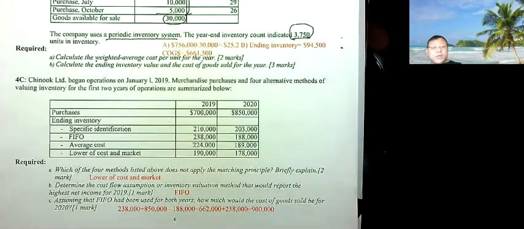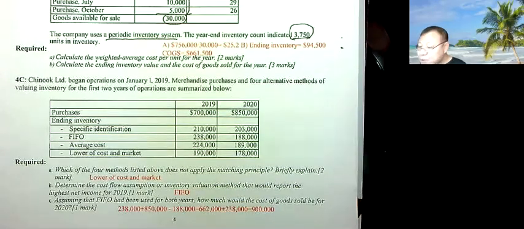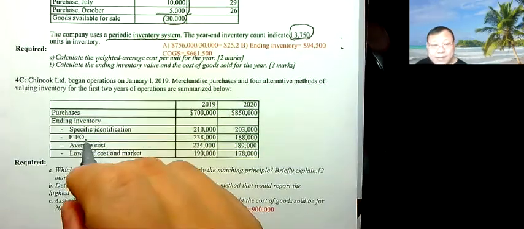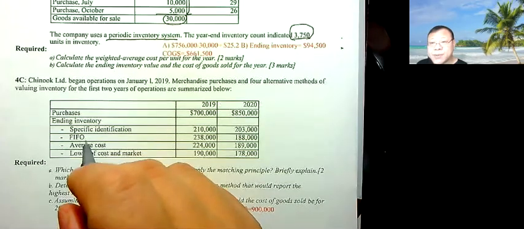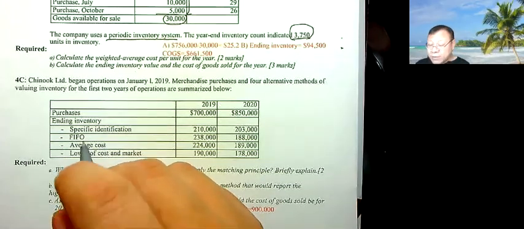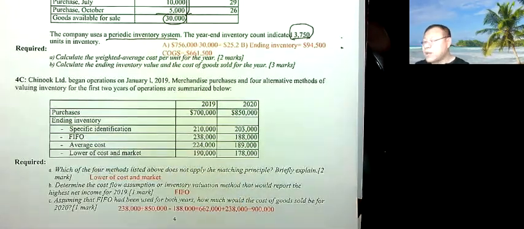Required A, which of the four methods listed above does not apply the matching principle? Briefly explain. Well, you know, FIFO is matching principle, right? Especially for those physical flows, right? First items in, first out.